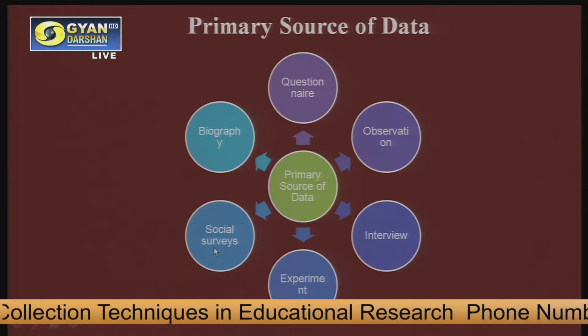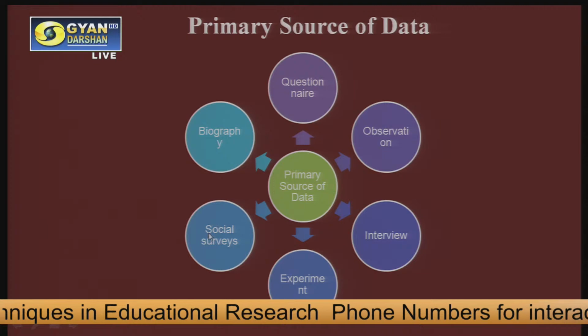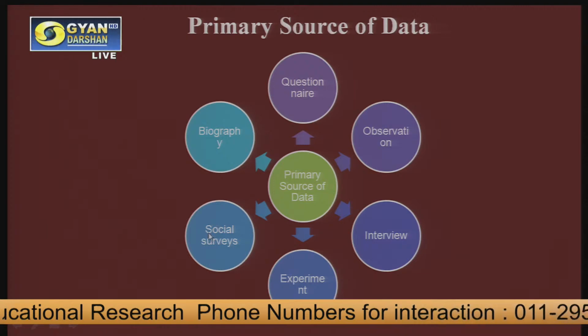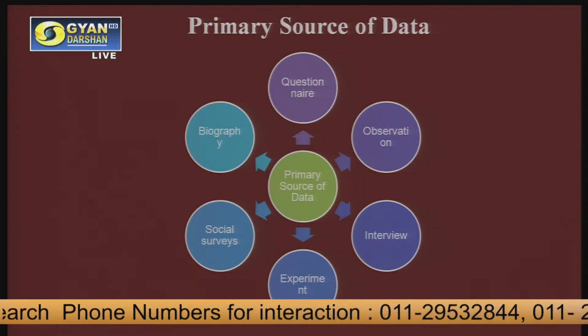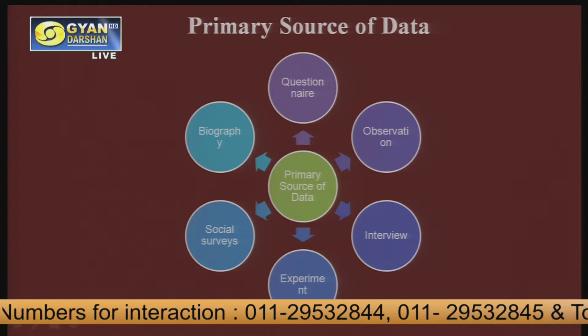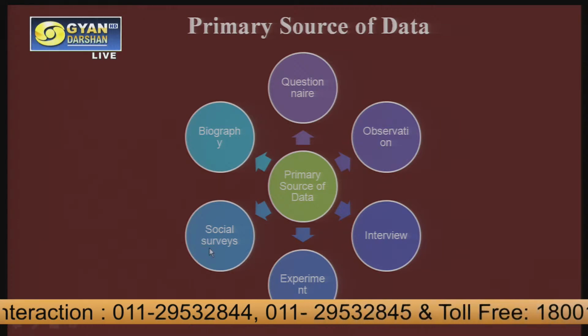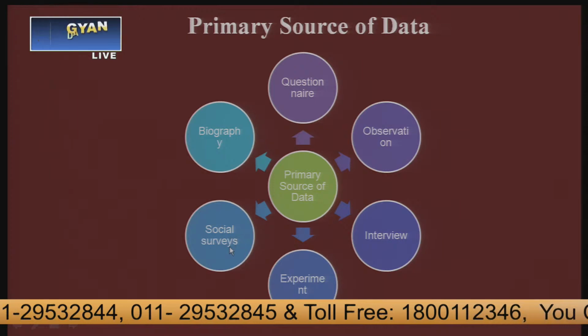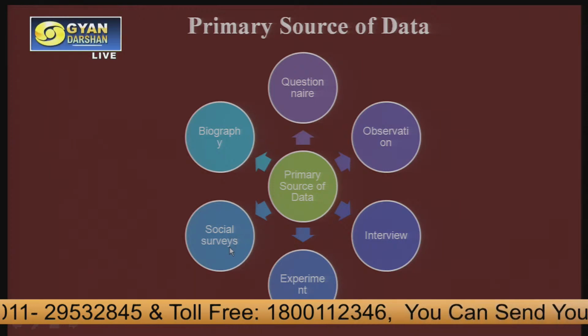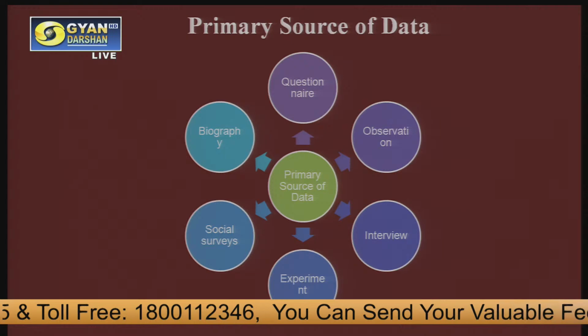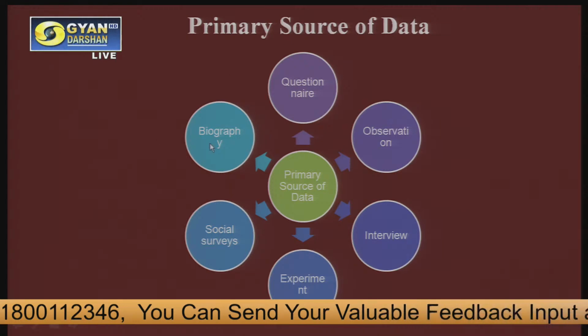Then social surveys. If you are doing a type of survey research, you are going to the field and interacting with the students, the teachers and other subjects. You are trying to know the present status of a certain problem. So the data you get in a social survey also comes under the primary source. And biography.